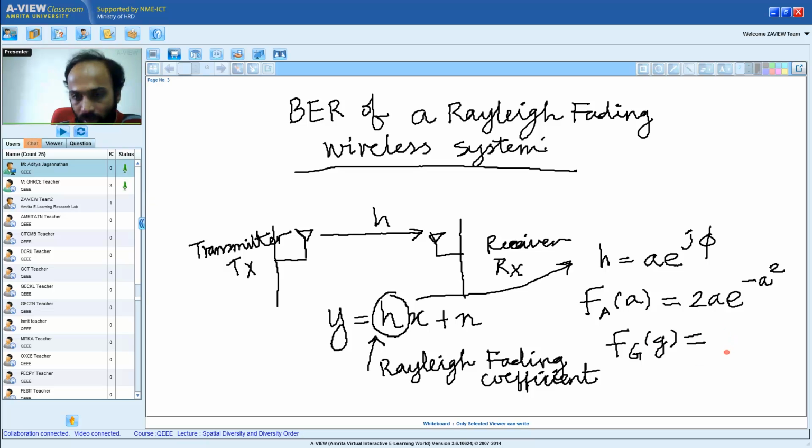That is correct VCAP, it is e to the power of minus G, an exponential distribution. So the amplitude is a Rayleigh distributed random variable, 2A e to the power of minus A square, and the distribution of the gain is e to the power of minus G. Thank you, we got the answer.